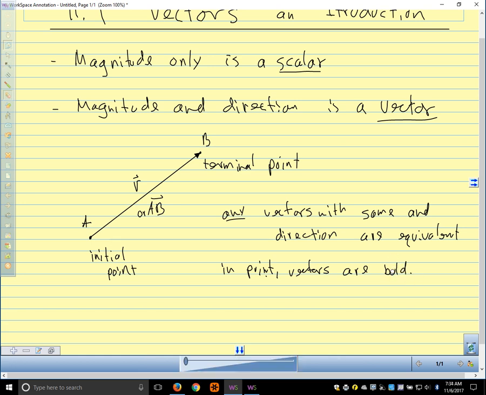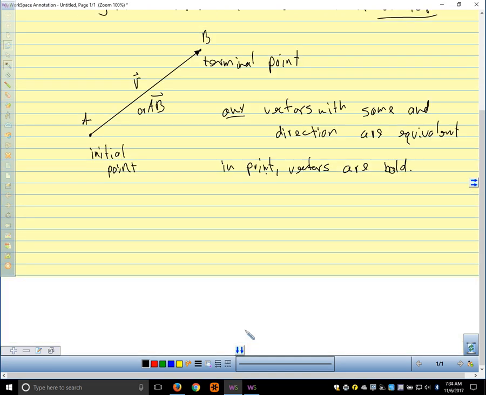And they usually use a small letter, a small bold letter, to show a vector. If our initial point is at the origin, then we say the vector is in standard position.